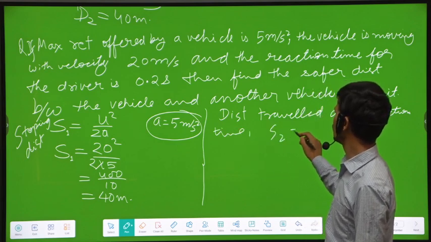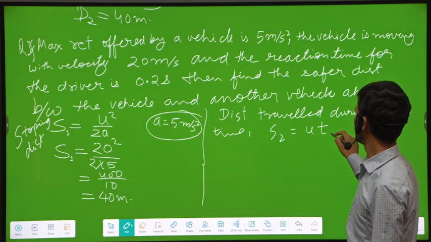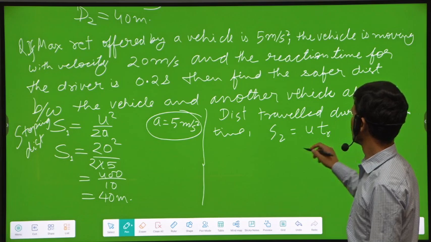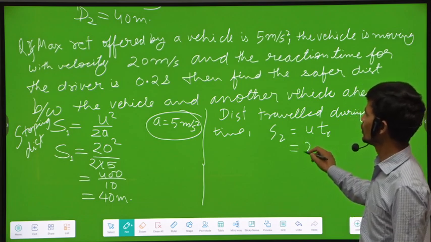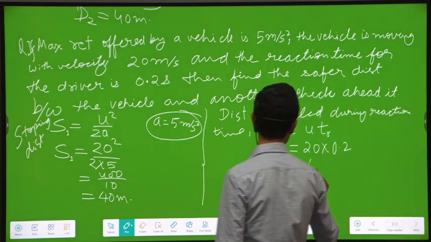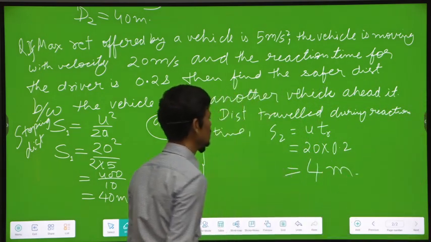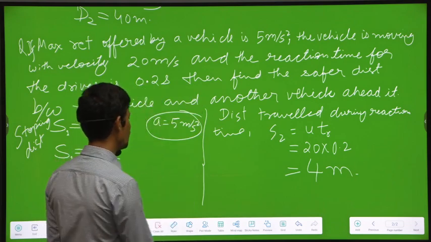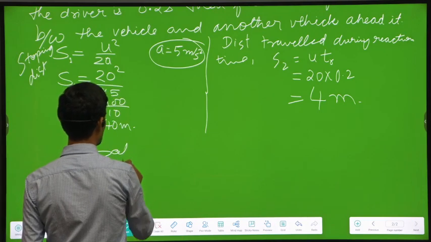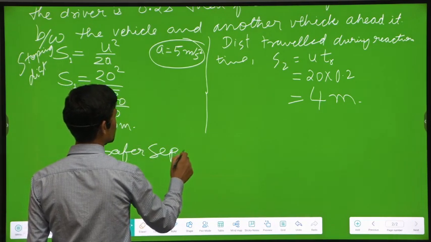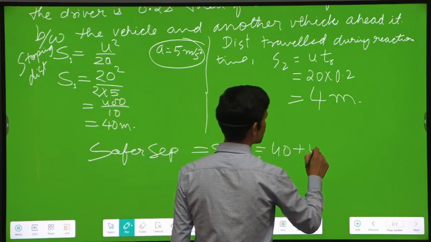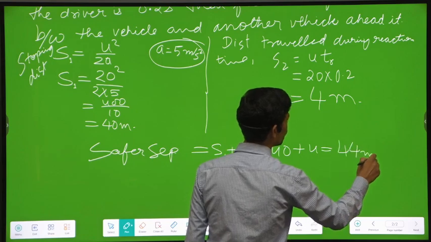That is S2, which is equal to u times the reaction time. u was 20 multiplied by 0.2, that is 4 meter. So the safer separation will be S1 plus S2, that is 40 plus 4, that is 44 meter.